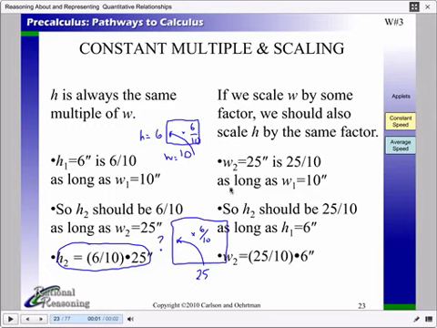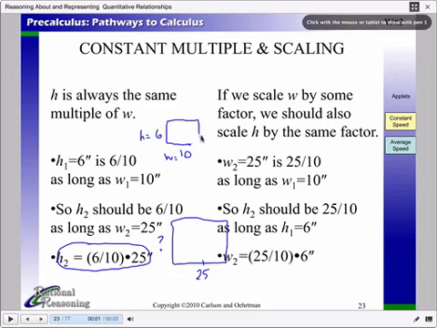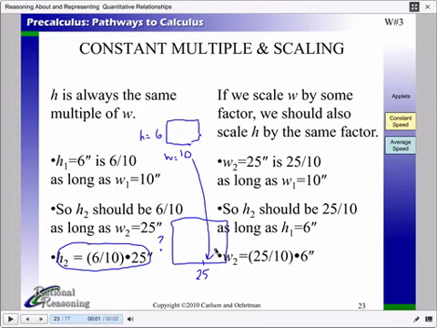Okay, now scaling factor. Scaling factor is like this. Scaling factor says, I've got the old width and the new width. What do I need to multiply 10 by to get the new width? See how different this is?